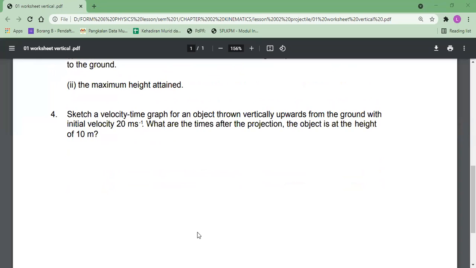Question number 4. Sketch a velocity-time graph for an object thrown vertically upwards from the ground with initial velocity 20 ms negative 1. What are the times after the projection when the object is at the height of 10 meters?